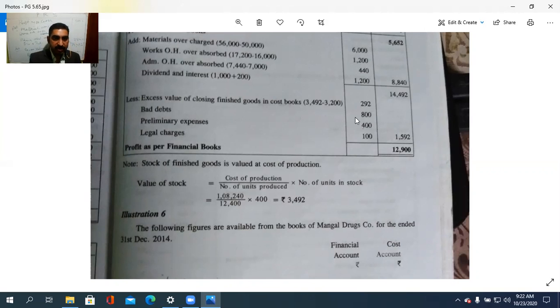Maybe the overhead to be absorbed under or over, and some of the items, financial charges or the incomes that are not to be taken in the cost accounts, also to be considered. So in this way, we are preparing the profit as per cost books, and we are reconciling it with the profit as per financial books. Some of the items to be added with the profit as per cost books, and from the total we are deducting some of the items. So we reach at last the profit as per the financial books.